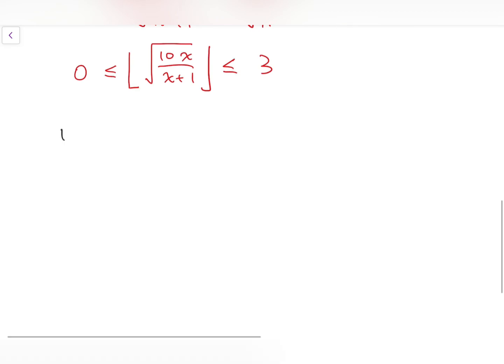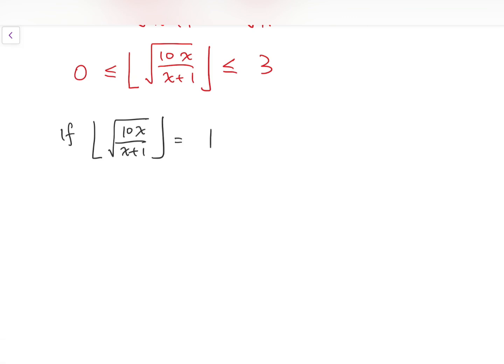So if the output is equal to 1, then, not including the floor function, but just the square root, the square root of 10x over x plus 1 is between 1 and 2.